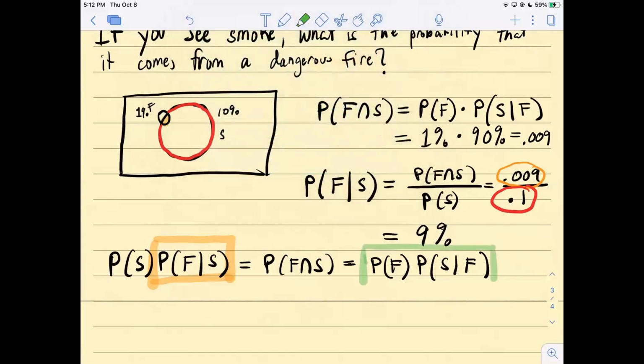All you need to know is the other conditional probability, the reverse direction, and the individual probabilities themselves. And the nice thing is you don't need to know the overlap, because you could calculate it, but it doesn't need to be given to you.